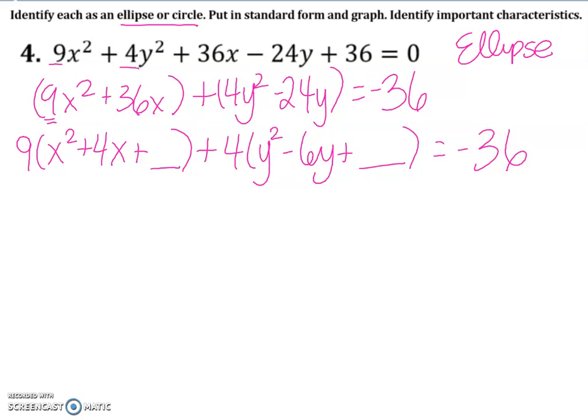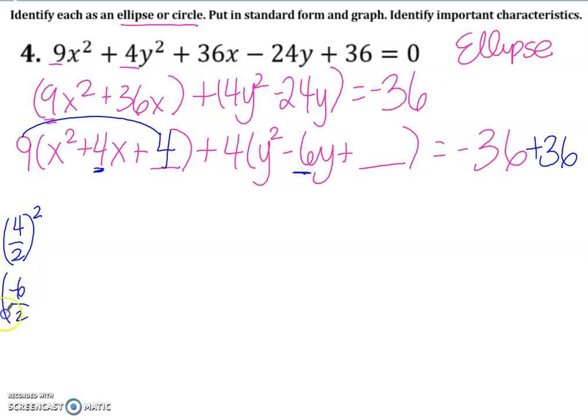Okay, so here, if I take my b, divide it by 2 and square it, I get 4. I don't add 4 to the right side. It's 9 times 4, which is 36. Then I do that negative 6 divided by 2 squared. Well, that's negative 3.